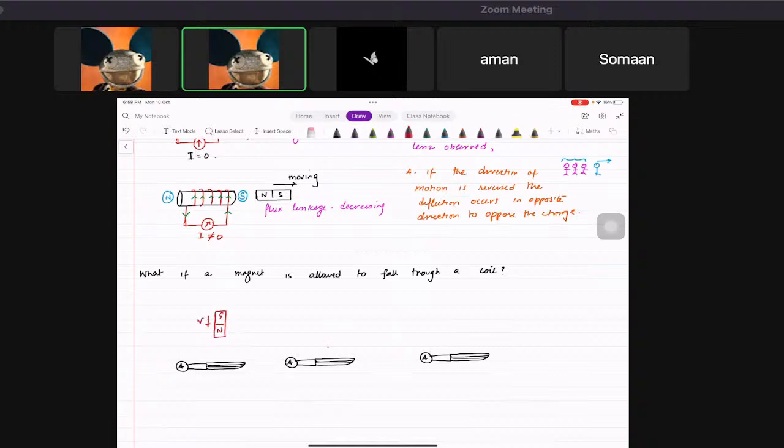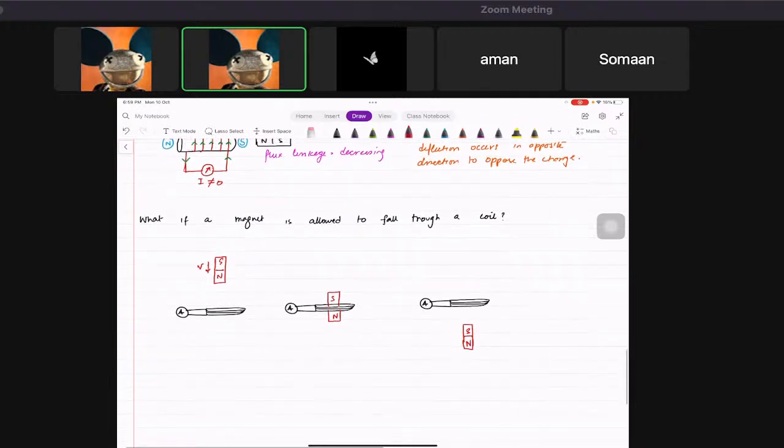And now when it is right through the coil, north, south, and it has left the coil. So due to the action of gravity, it's falling. So in the first part, the magnetic field is like this. In the second one, the magnetic field is like this.